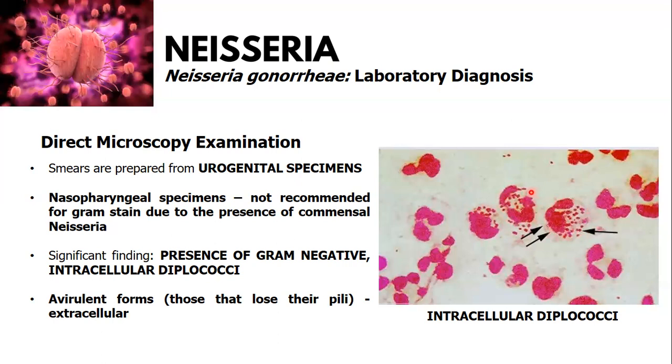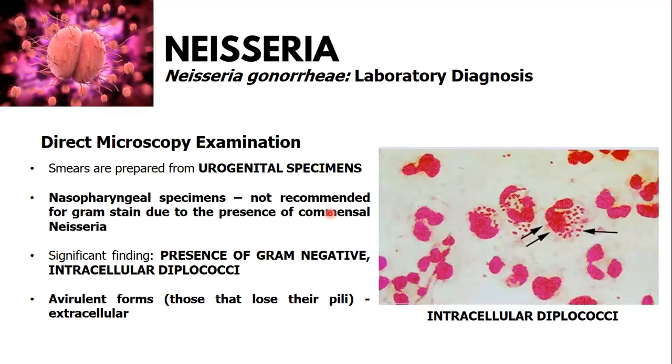And their intracellular presence indicates that they are virulent because they possess pili that enable them to bind and enter leukocytes. However, we should also take note of the presence of extracellular gram-negative diplococci, as they also indicate the presence of virulent forms or those Neisseria gonorrhoeae that already have lost their pili.